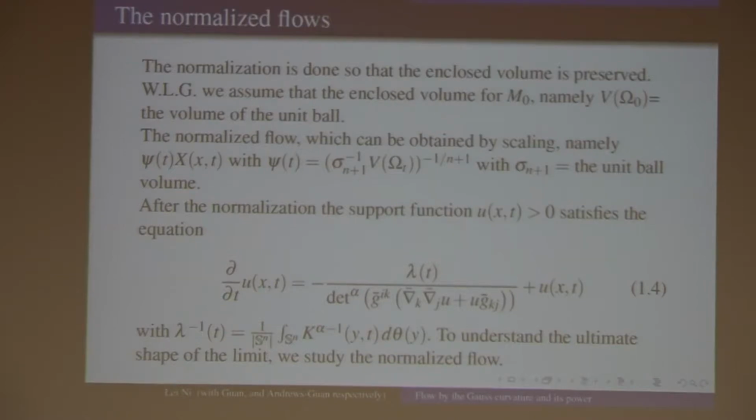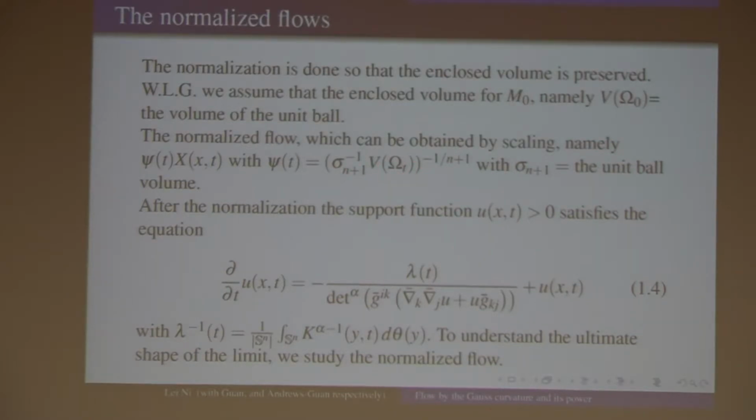You can imagine that's the right scaling because the volume shrinks to a point, it eventually becomes 0. So you have to scale by blowing it up, and the factor should be the volume to the power 1 over m plus 1 dimension. So that's the right scaling.